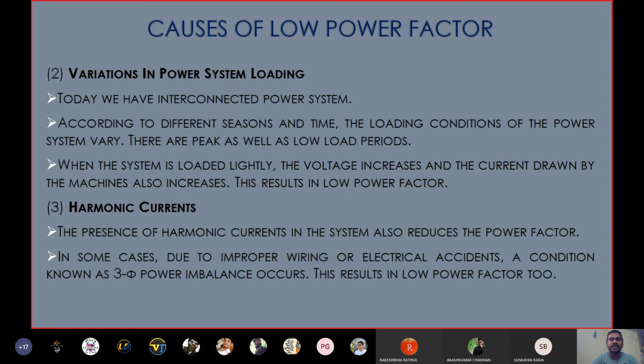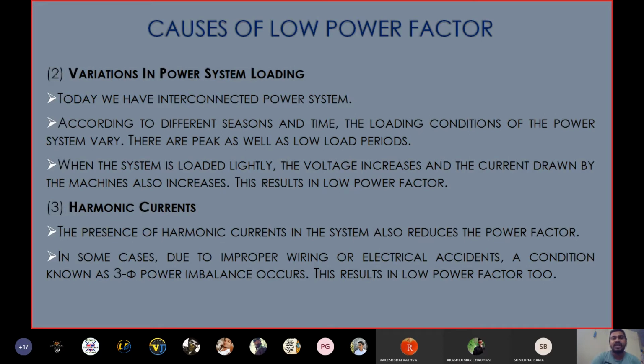Sometimes the demand is at peak, sometimes very low, so it varies from time to time. Now assume a time period in which the system is lightly loaded, or the load on the system reduces. At that time the voltage level increases and the current drawn by the machines also increases, which results in low power factor.